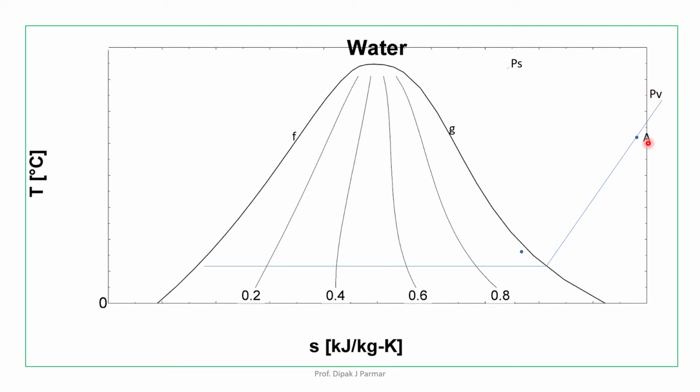At the same temperature, the saturation pressure is PS, and there is a vast difference between the saturation pressure and the partial pressure of water vapor. As the partial pressure of water vapor is less than the saturation pressure at that temperature, there is a tendency for water to be converted into vapor when air is passing over it.